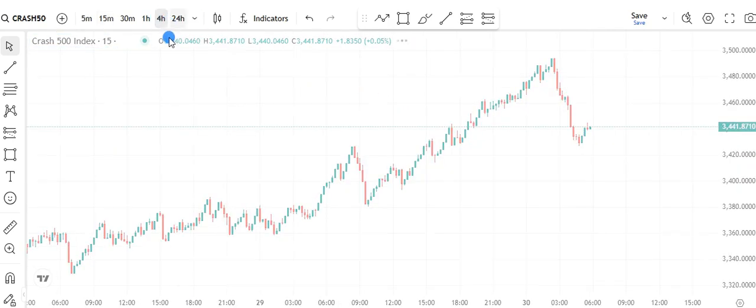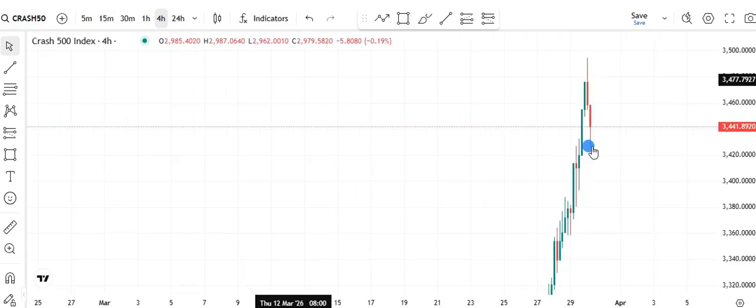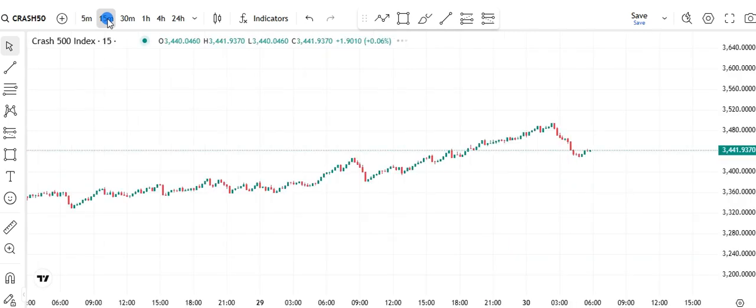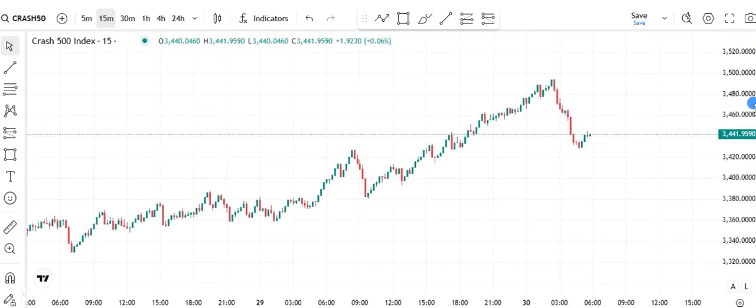To the 4-hour chart. Looking very bullish, so I'm looking for just bullish setups. I'm not looking for any bearish trade.